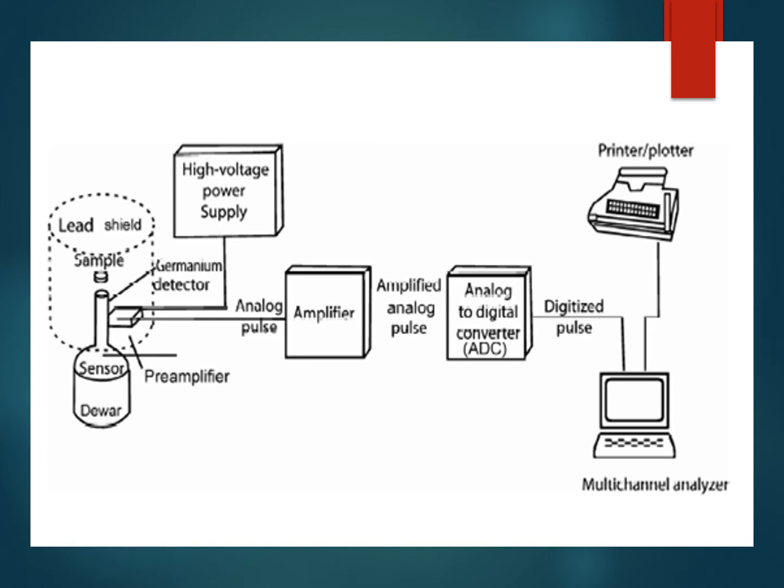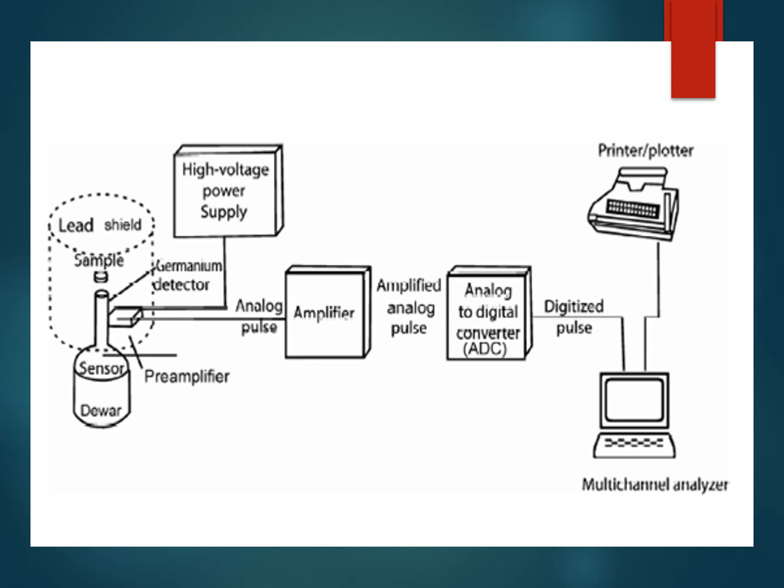So that amplified analog pulse is then moved on towards the analog to digital converter. Likewise, if those signals are very weak or less sensitive and they are amplified, the analog signal of that pulse is digitalized.